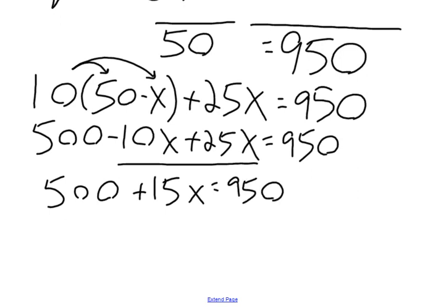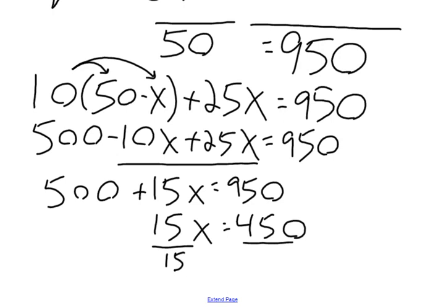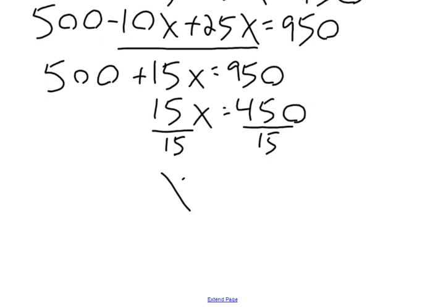I can subtract 500 from both sides. 15x is 450. And by dividing by my numerical coefficient of 15, I get x is equal to 30.